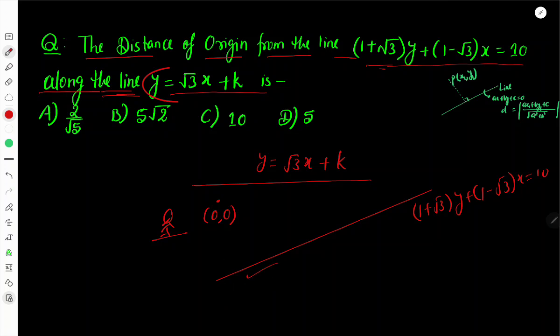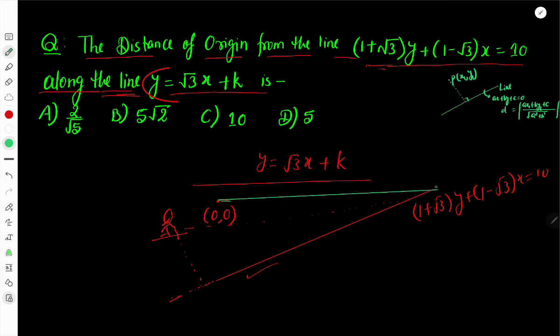Going straight forward, he can touch it as fast as possible. But if I say he has to go parallel to this line and touch the wall, then he will go like this and then touch. Similarly here, along this line means you have to go parallel to this line, then touch this line, and then measure this distance.